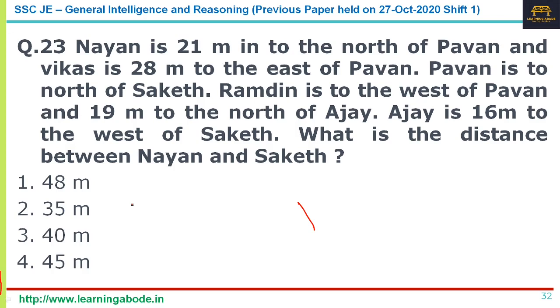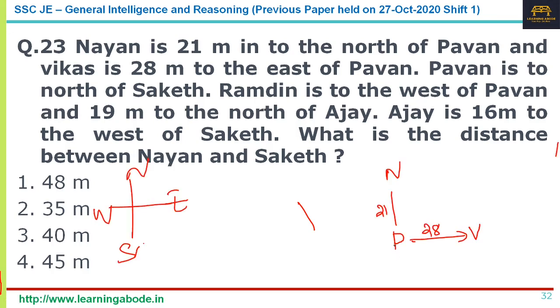Pavan is to the north of Saket. Ramadin is to the west of Pavan, and 19 meters north of Ajay. So Ajay is here, and 19 meters north you have Ramadin, and Ajay is 16 meters to the west of Saket.